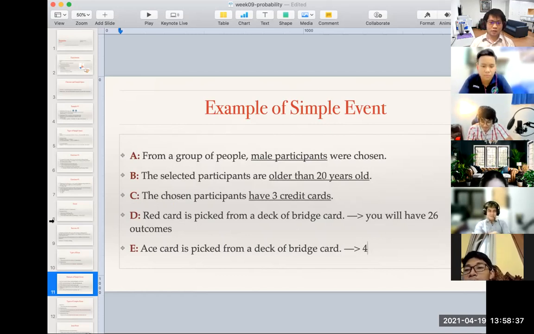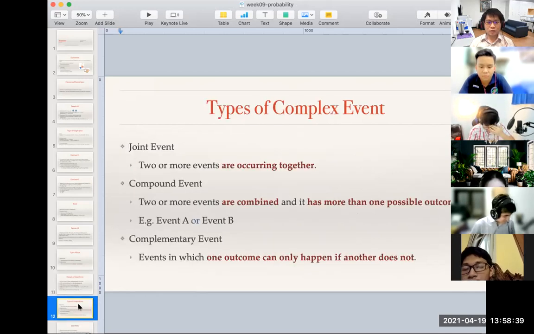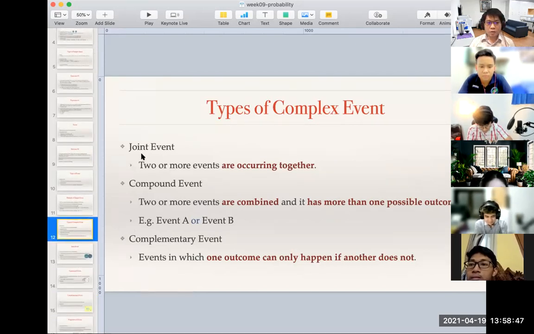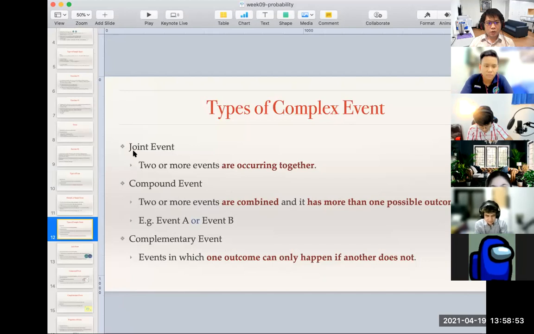All right. Okay. So yeah, we go through to the complex event. So for complex event, there are 3 types: the joint event, compound event, and complementary event. So for joint events here, the characteristic is that there are 2 or more events.